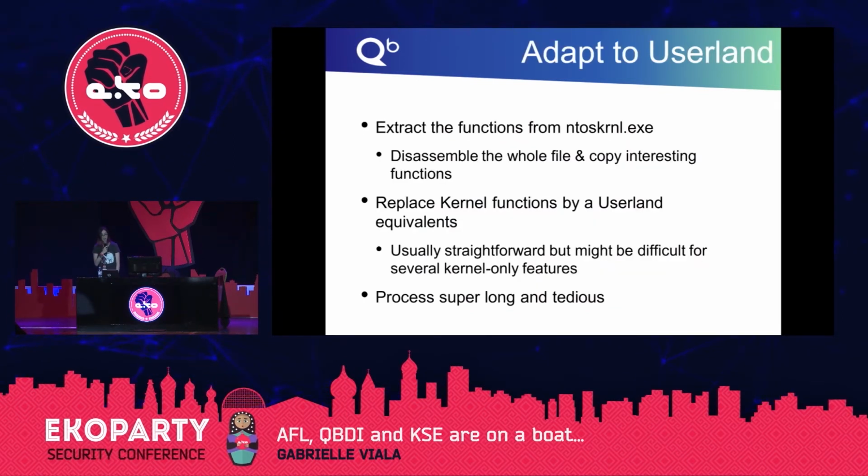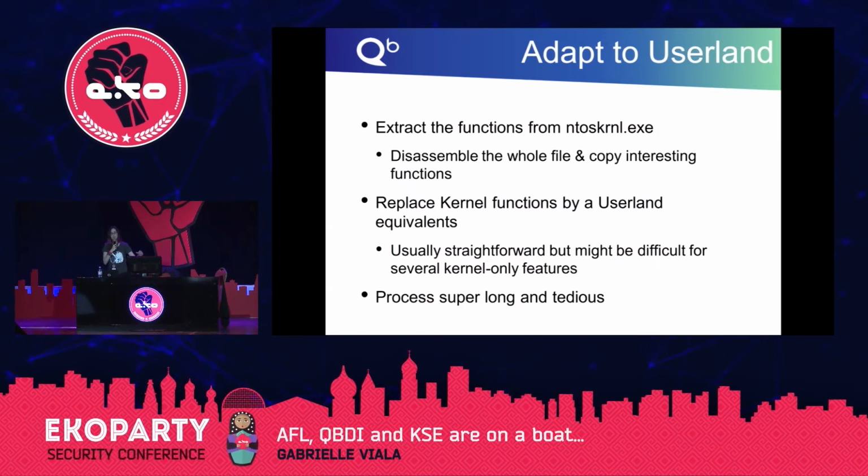So for this step, I extracted the function from ntoskrnl.exe and replaced all the kernel functions with userland equivalents. Overall, it's quite straightforward, but quite long, and sometimes you don't have equivalents, and that can become painful. Hopefully, my parser was quite standalone, so I didn't have too much trouble.